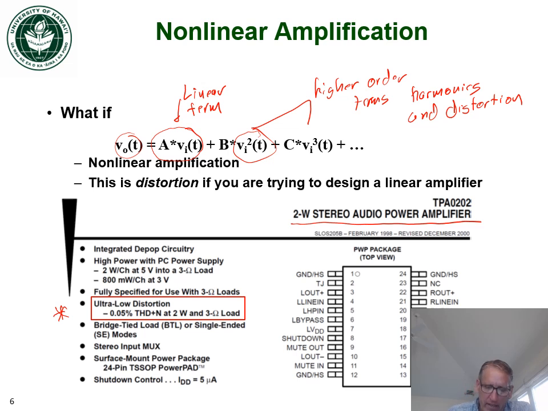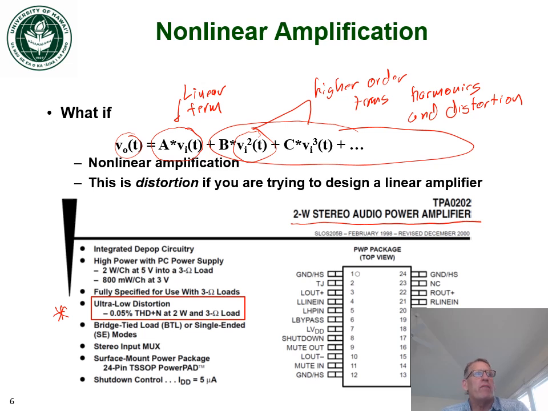That basically means you add up all these other terms and see how large they are compared to your linear term. You want those other terms to be small compared to your linear term, and if you sum all those other terms up and add the noise generated by your amplifier, you get the total harmonic distortion plus noise.